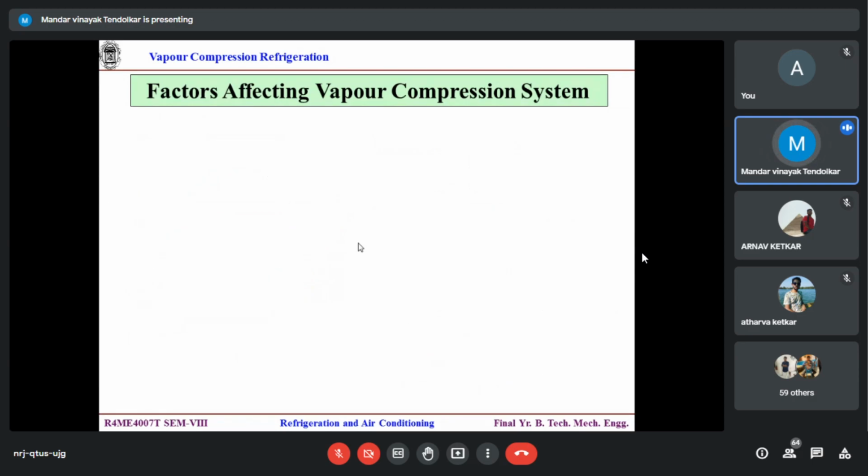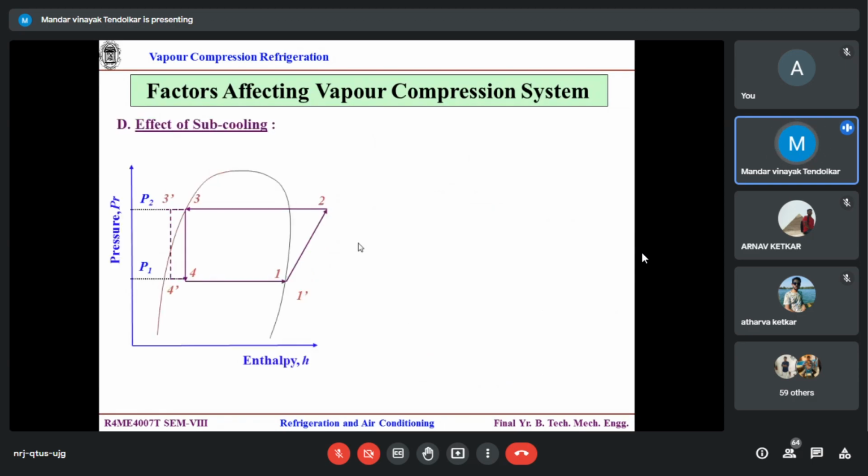That happens only when these two lines have the same slope, when both lines are parallel, then there is no difference. If this continuous line gets shifted by some distance over here, then the difference would be the same. Here the difference is increased, so I would have said okay, COP is increased, but that is not the case.